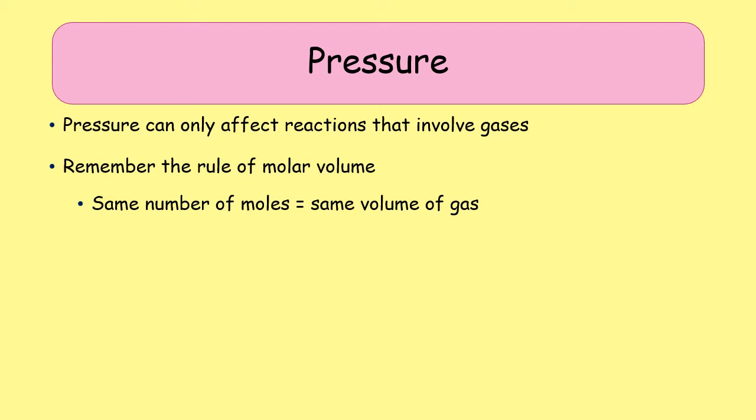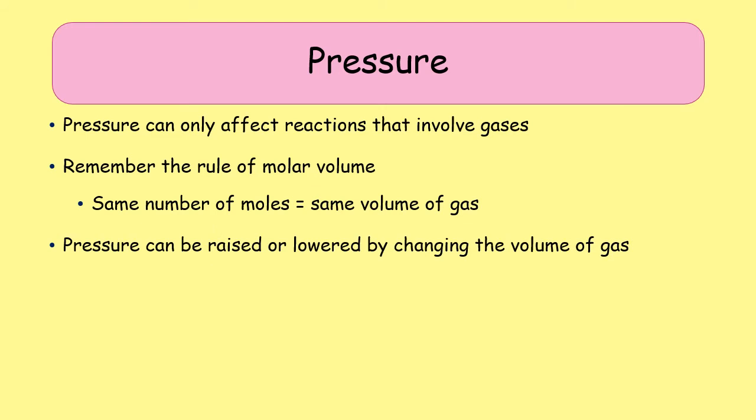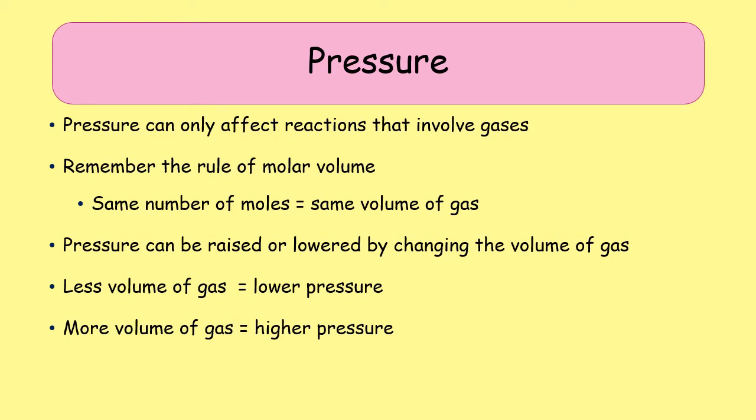That's only the same number of moles of gas equals the same volume of gas. And we can change pressure by changing the total volume of gas. If we have less volume of gas, that means we're lowering the pressure. If we have more gas, we will raise the pressure.